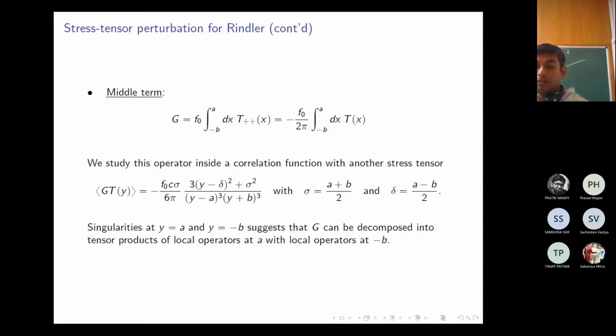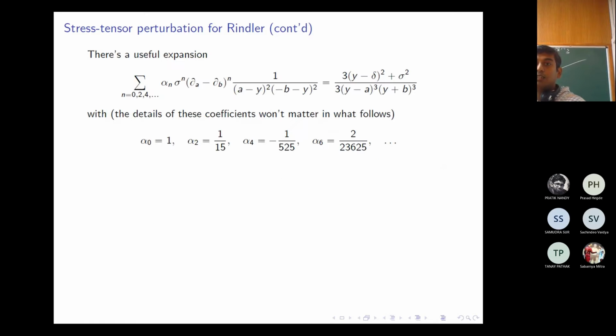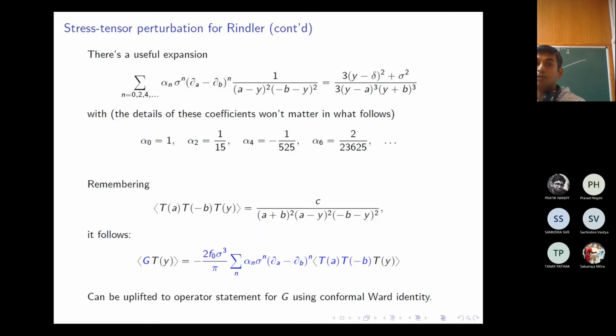So this G, using some formula, we will write as some t at point A times some t at point minus B. The fact that you can do that helps us to identify what is GA and what is GA bar, and then write the perturbation in G equals GA tensor GA bar form.